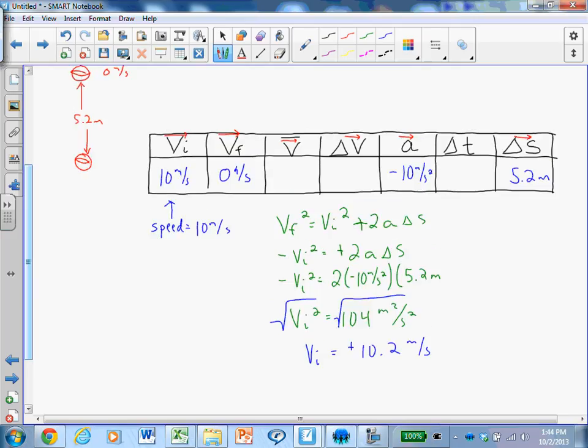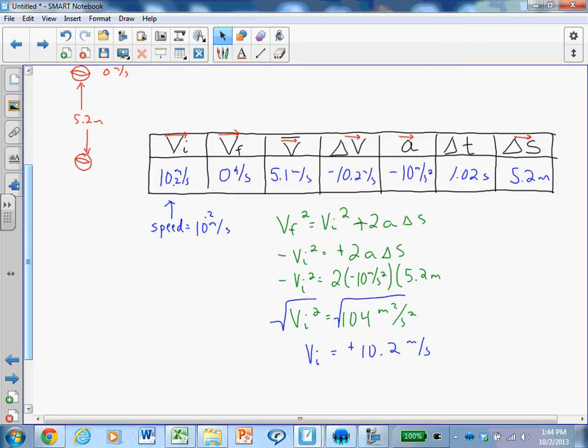Well, this is 10.2. So the average would be 5.1. This would be minus 10.2 meters per second, VF minus VI, and delta T would be 1.02 seconds to fill in the rest of the chart.